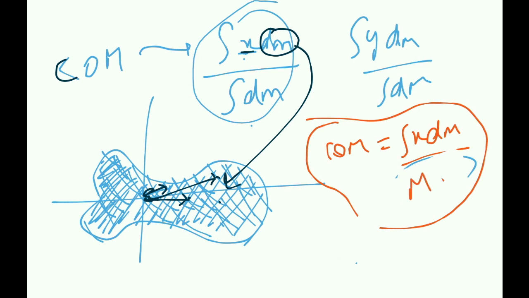Here in the numerator I'm integrating the product of the displacement and the mass, but in the denominator I'm integrating just the mass. And the integration of dm is nothing but m if you take the limits from 0 to m, because you're covering the whole mass, right?